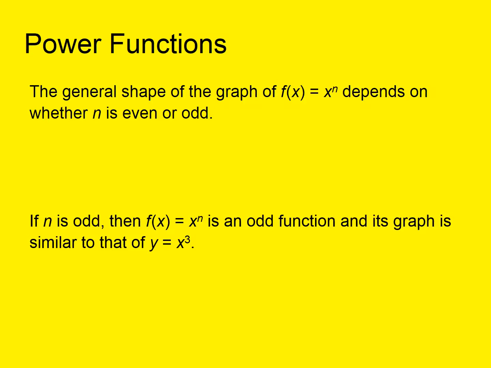The general shape of the graph of f of x equals x to the n depends on whether n is even or odd. Actually, in the first quadrant, it really doesn't depend that much on that. They all kind of look the same. If n is odd, then f of x equals x to the n is an odd function, and its graph is similar to that of the cubing function.